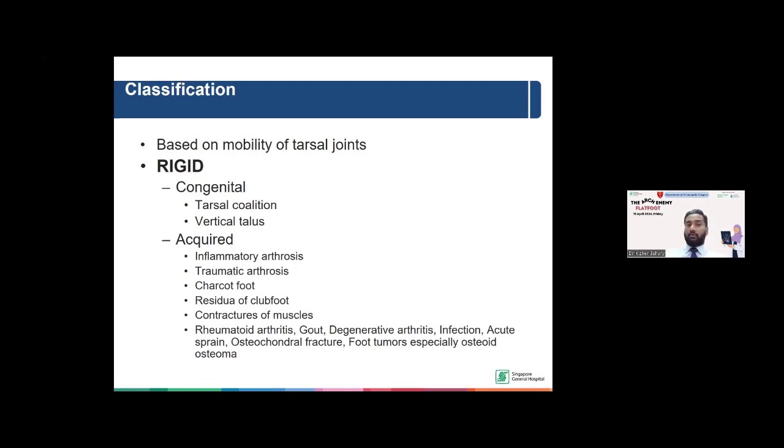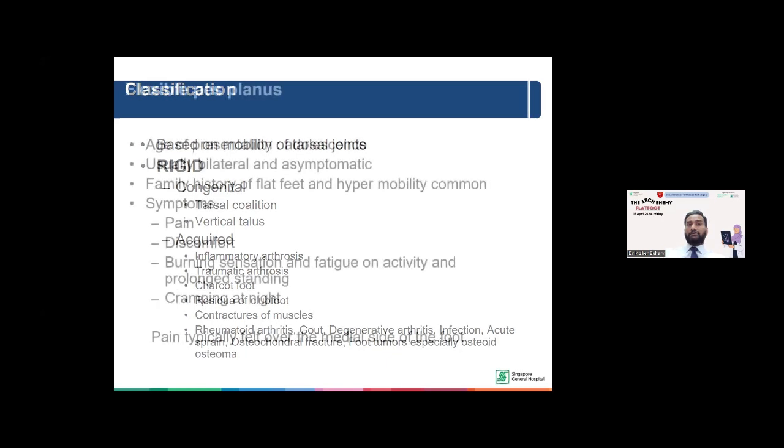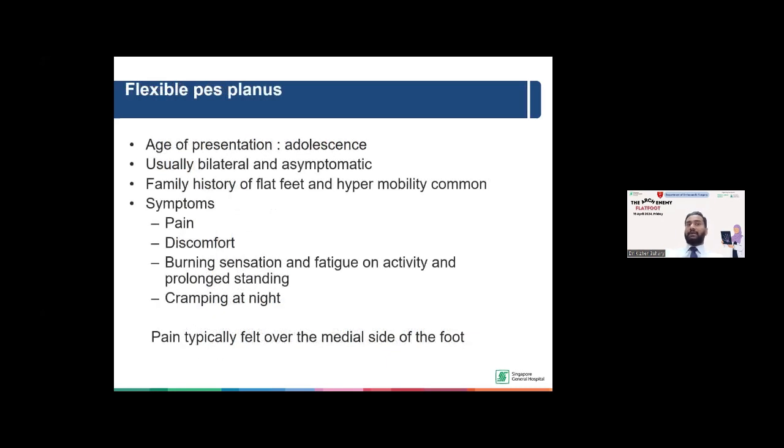It also can be acquired, with inflammatory conditions such as rheumatoid arthritis, gout, Charcot foot, which is where you have loss of protective sense in your foot, or in traumatic cases as well. Another group here is those children who had club foot, who grow up to develop this particular type of deformity.